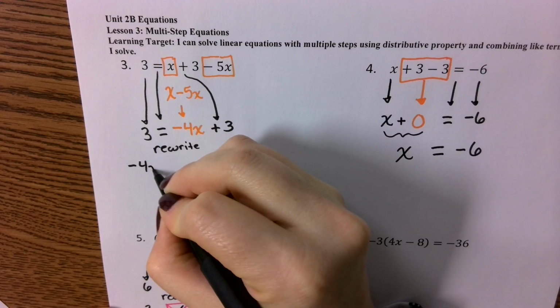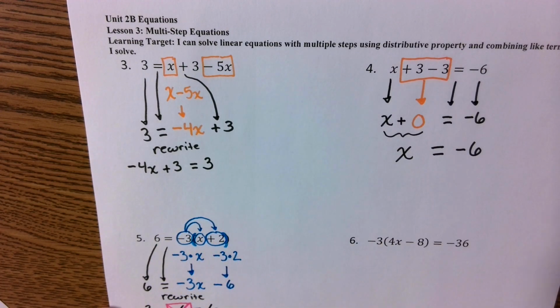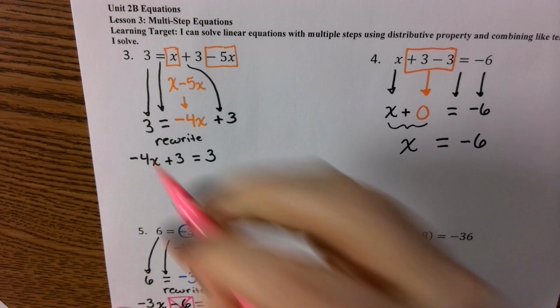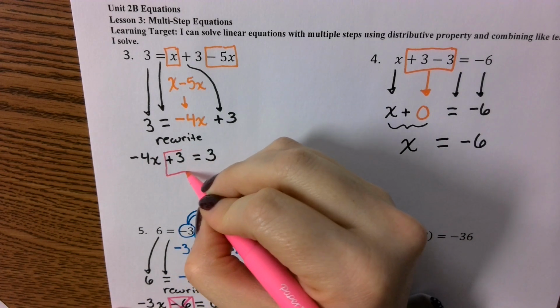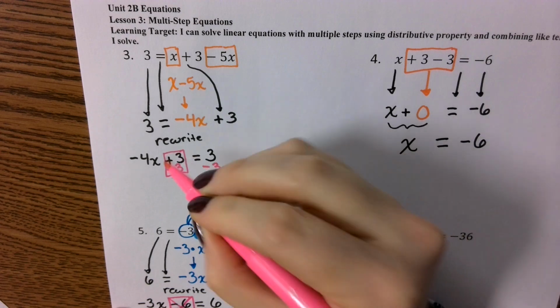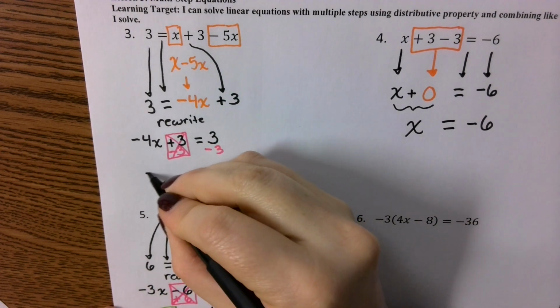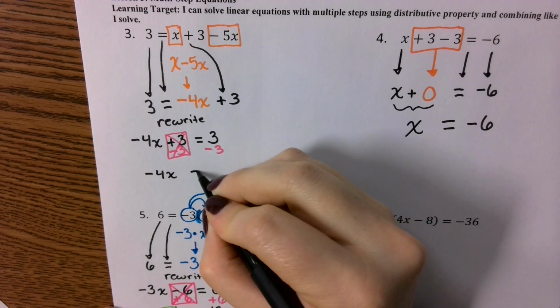We have negative 4x plus 3 is equal to 3. Here's our constant. We're going to get rid of the plus 3 by subtracting 3. The 3's will cancel out. We are left with negative 4x is now equal to 0.